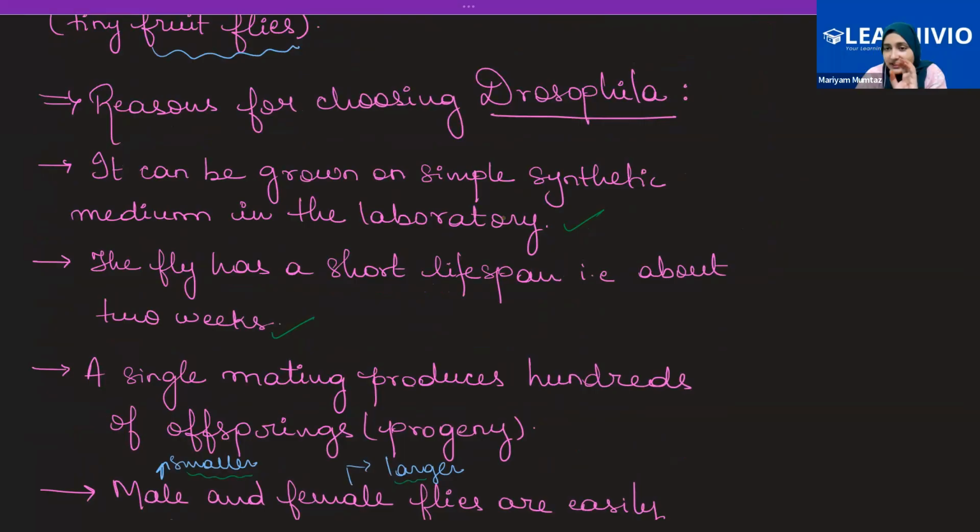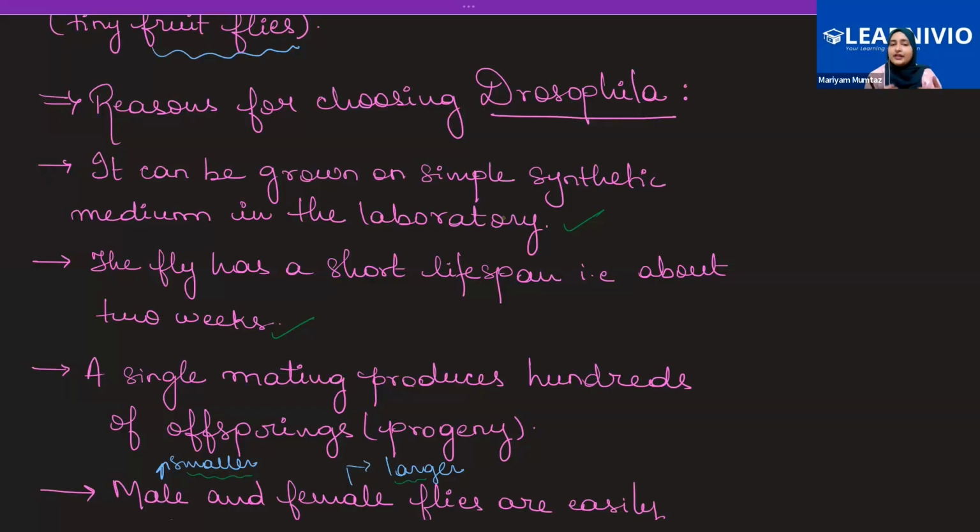You can provide media in the lab with optimum conditions of temperature, food and everything. Other than that, Drosophila has a short lifespan of about 2 weeks, after which it will die. So you can finish your work and then take the next reading.